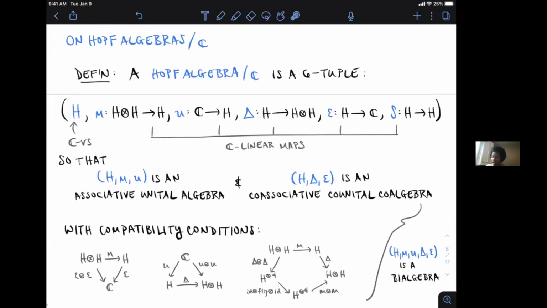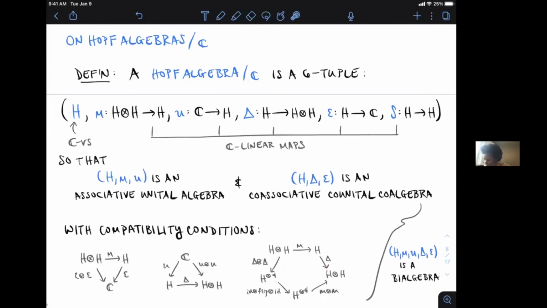Now, whenever you have 2 structures and you're trying to stick them together, you need some compatibility between the 2. If you have these compatibility conditions down here, this 5-tuple is called a bialgebra. In particular, what you want is for the counit to be multiplicative, for the unit to be comultiplicative, and for your multiplication and comultiplication to be compatible in such a way.